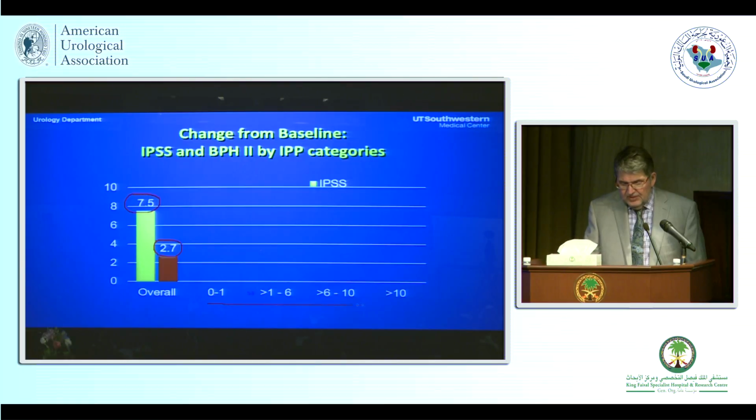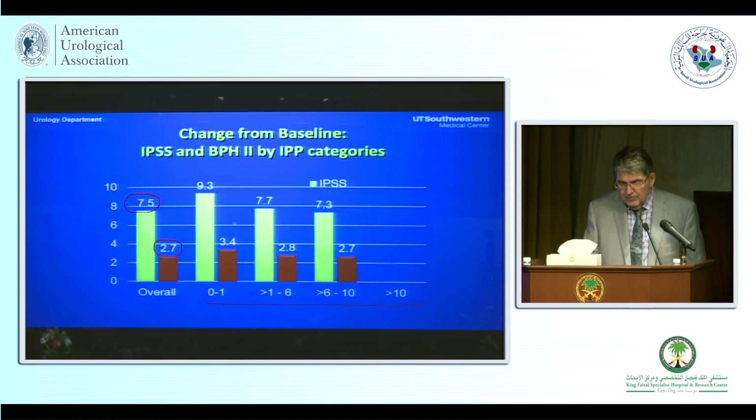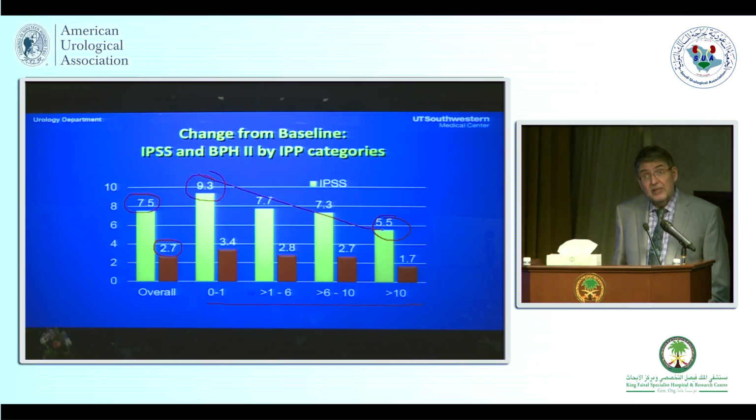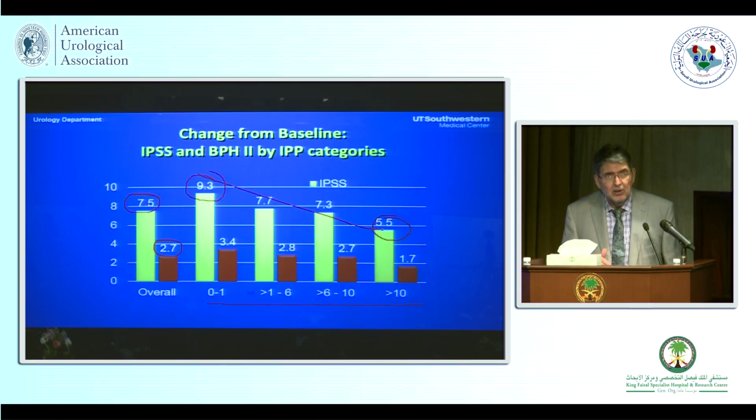Stratified by the intravesical protrusion, the improvements ranged from 9.3 and 3.4 all the way to 5.5 and 1.7. So when going from patients without any intravesical protrusion to those with the largest intravesical protrusion, the symptom score improvement decreased by about 50% almost.